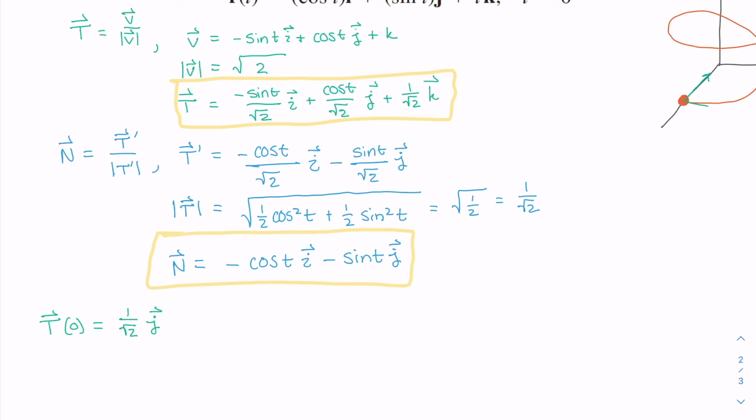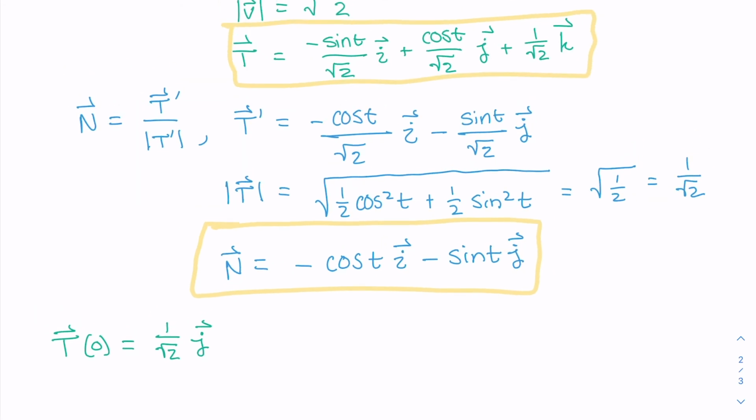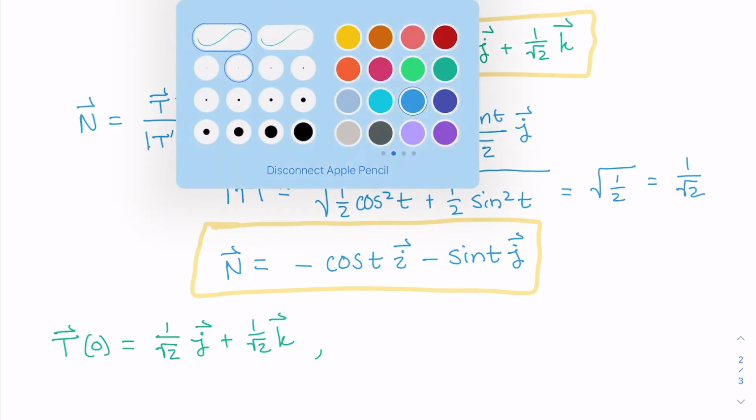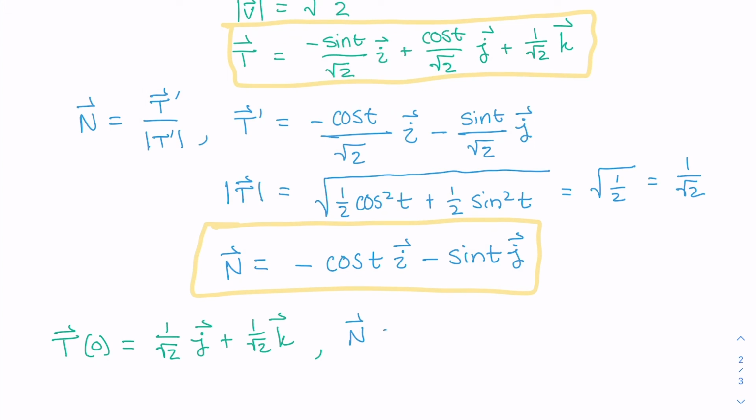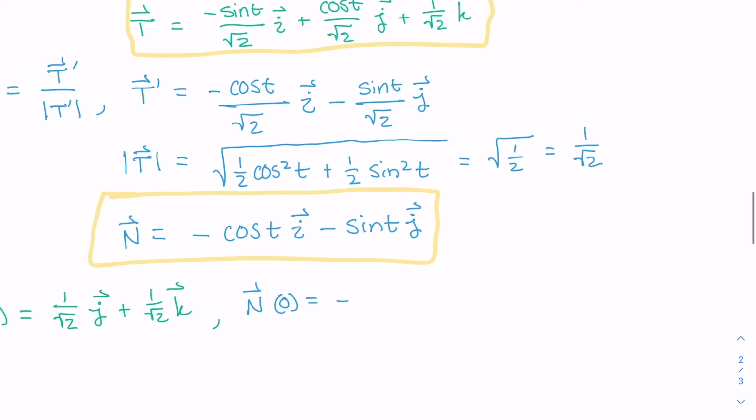Plugging in 0 to the k, you still just get 1 over square root 2 k. Then let's evaluate the n vector at 0. n at t equals 0 becomes negative 1i plus 0j, so it's just negative 1i.